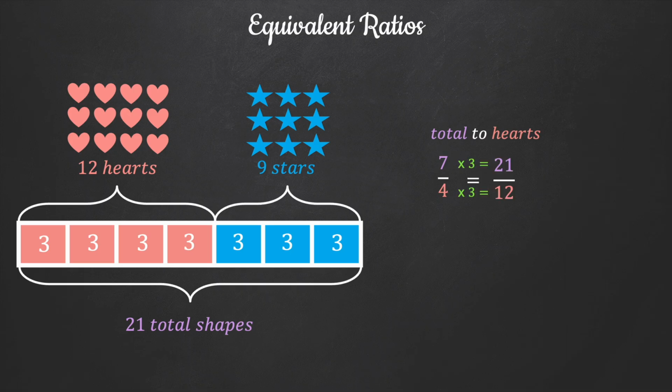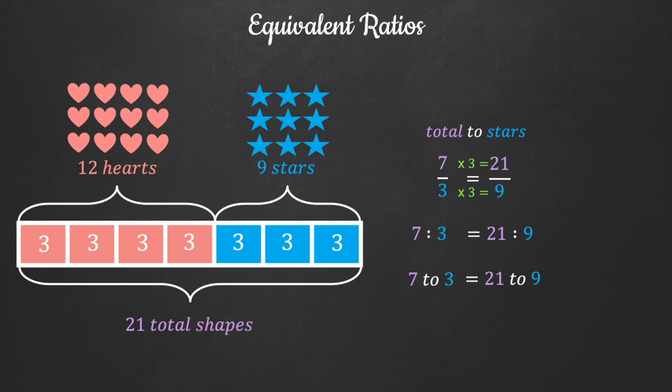So now we have 21/12. And we could rewrite our equivalent ratio using a colon and the word "to." And now here we have total to stars. Our original ratio was 7/3. And if we triple that, we get 21/9. So that's the same thing as 21:9 and 21/9.